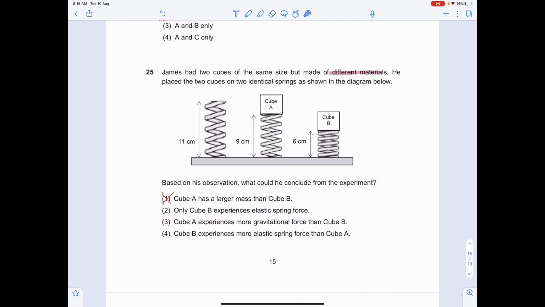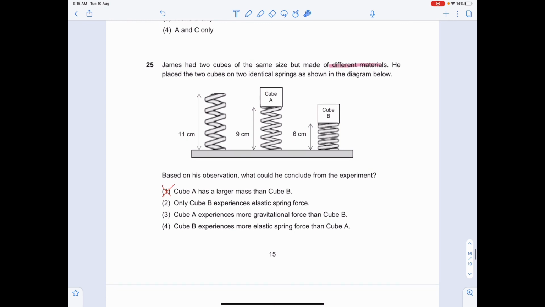So it should in fact have a more compressed spring than B. That didn't happen. Next, only cube B experiences elastic spring force. This is also wrong because if you look at it, A has also compressed your spring by a good 2 cm.